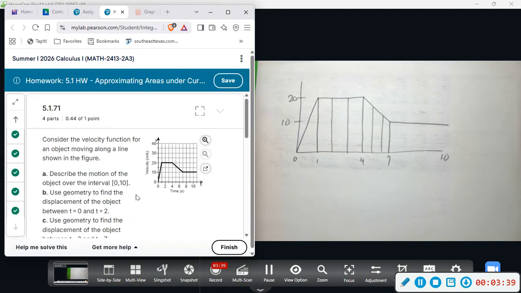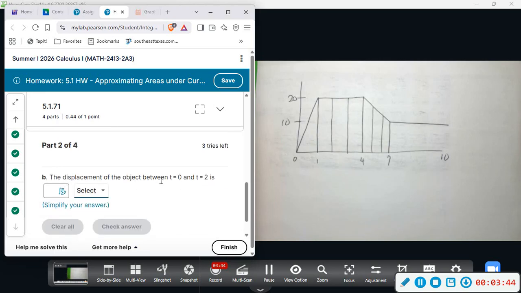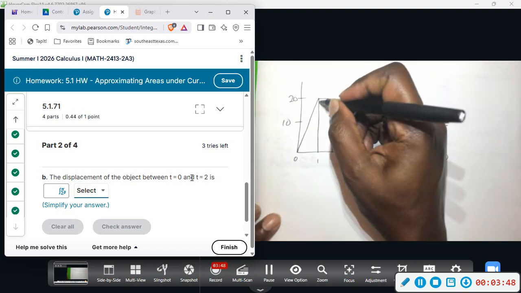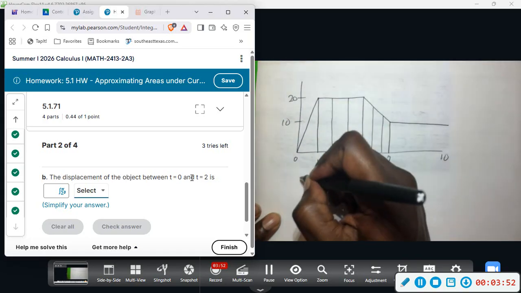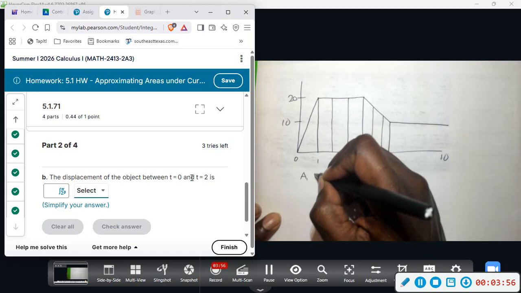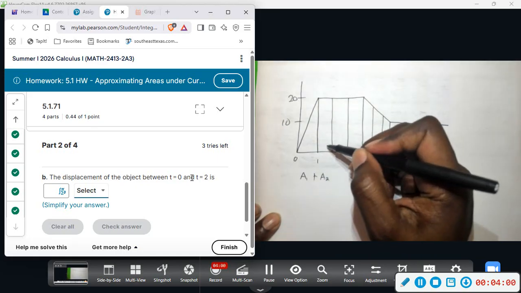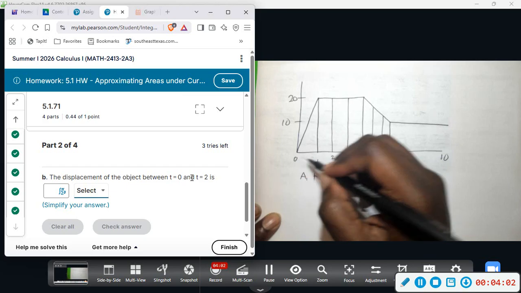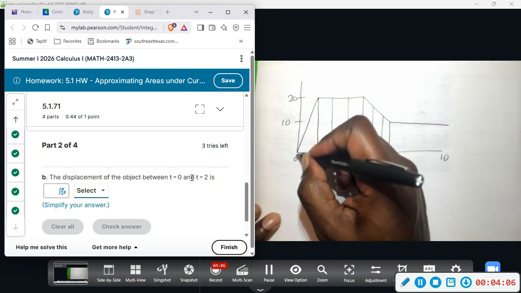All right, so we want to know the displacement, basically the area under the curve from 0 to 2. Using geometry, we have a triangle, so we need area 1 plus area 2. We're going from 0 to 2.